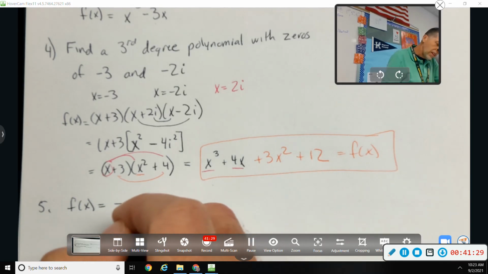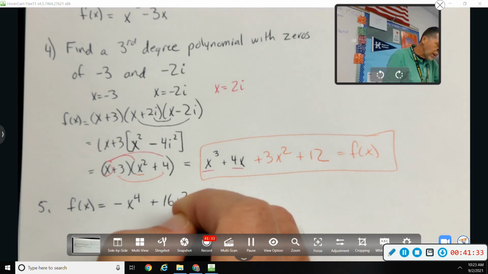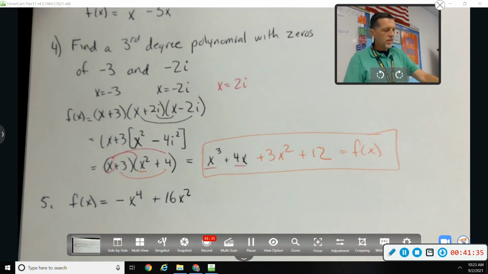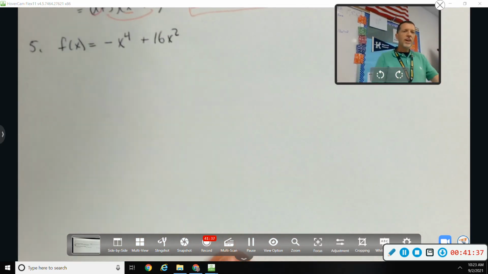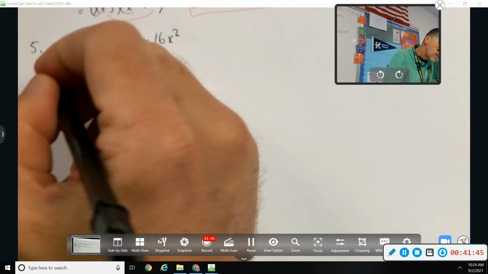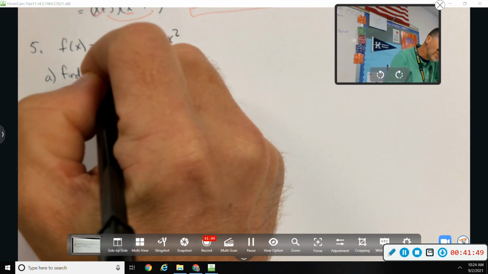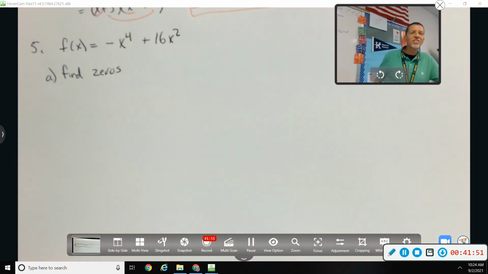Speaking of that, you guys are reading my notes here. Last one. F of x equals negative x to the fourth plus 16x squared. Well, hold on. Let me give the instructions, but you are going to pull out the x squared. Let's find the zeros first.